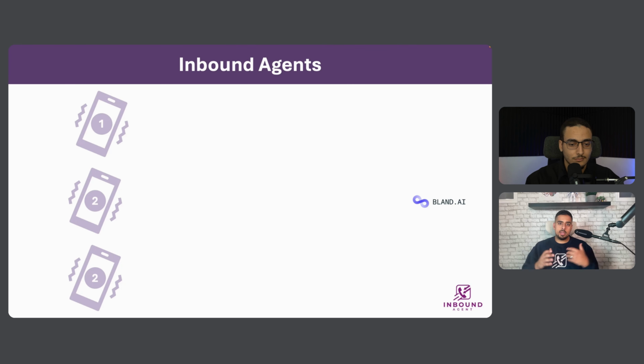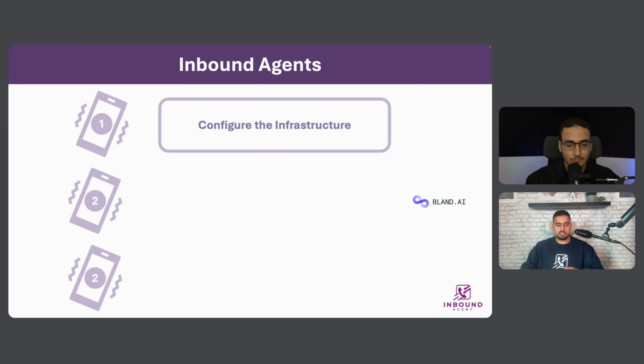Now, when it comes to inbound agents, at least what we use here at Inbound Agent is for many cases that are more on the convoluted side, more robust, we use Bland for this. And it really comes down to three main steps. Number one is configuring the underlying infrastructure. Like I said, the way we break these agents down and these agent designs is we'll work with a client, we'll hear and understand all the possible workflows on their standard phone calls.